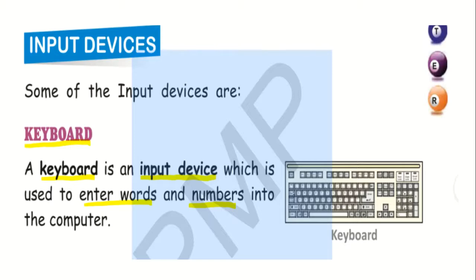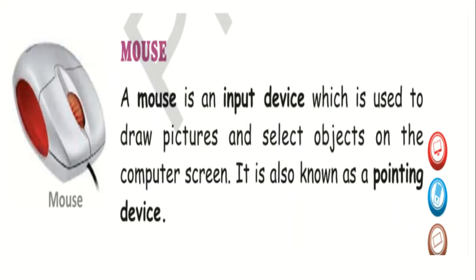Let us read about number 2 input device, and it is mouse. A mouse is an input device which is used to draw pictures and select objects on the computer screen.